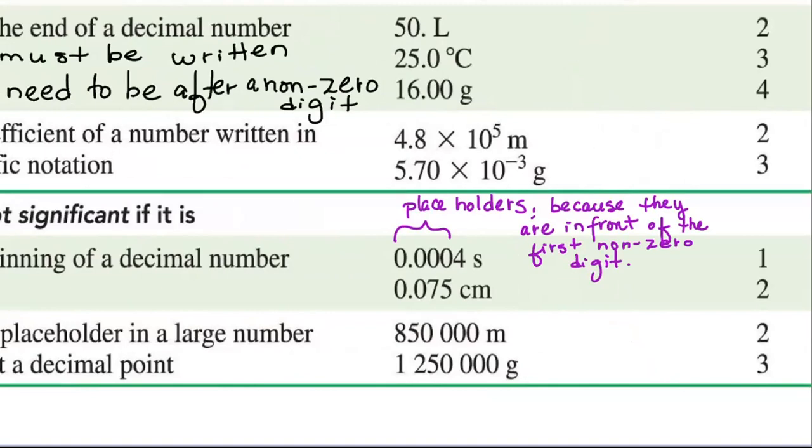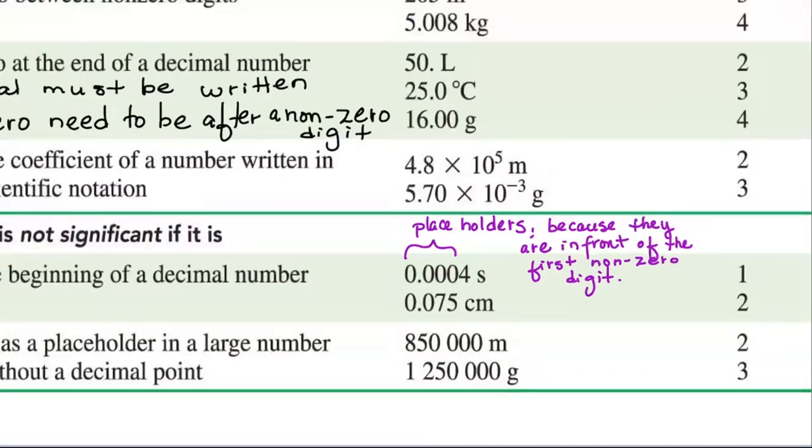That's why that value, 0.004 seconds, is only 1 sig fig. Similarly, in the measurement 0.075 centimeters, only 2 sig figs, because those zeros before the 7 and the 5 are just telling you that those are small measurements.